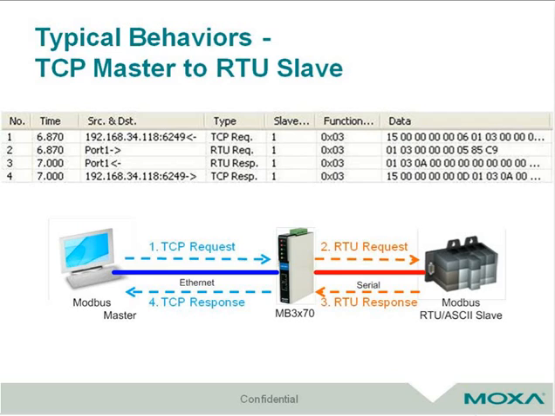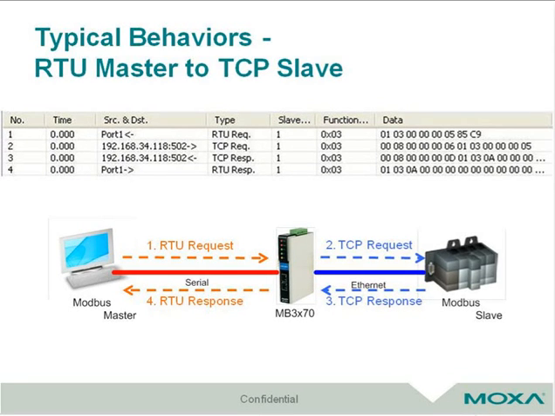The second record is the RTU request, which the MGATE 3000 Series translates from the TCP request. The third one is what we get from the RTU slave as a response. The last is a TCP response from the MGATE MB3000 Series to the TCP master.